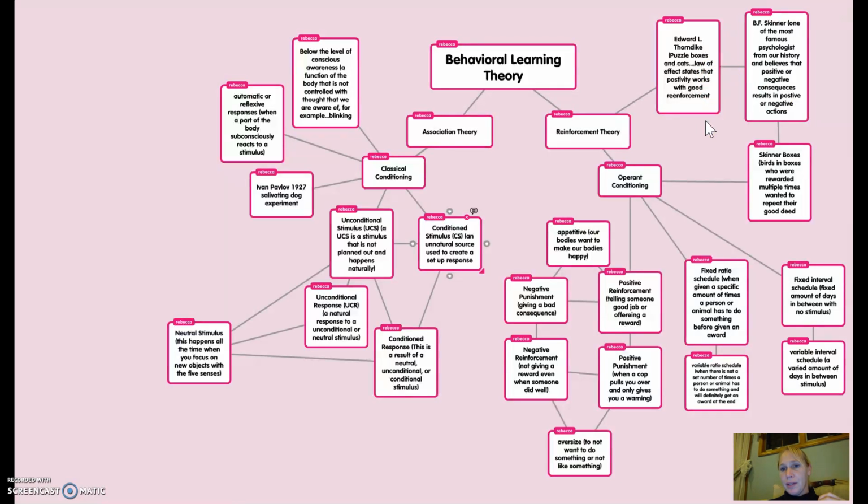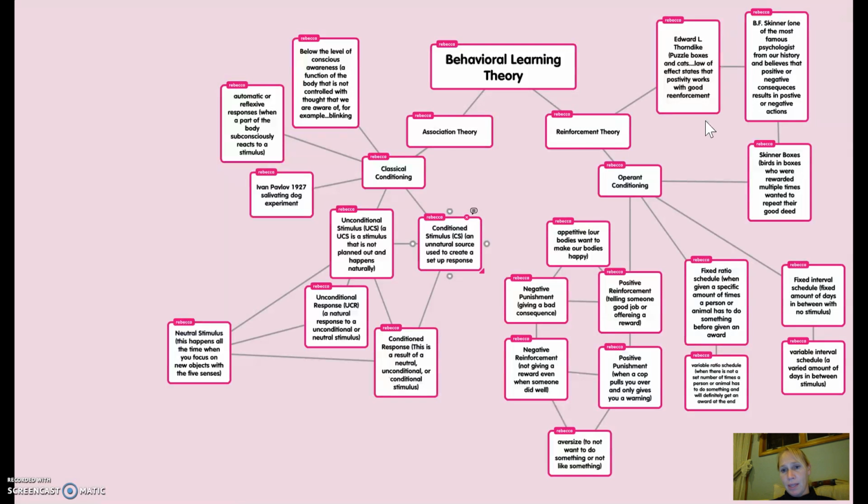Edward Thorndike believed the same thing, which is the reinforcement theory. He tried an experiment called puzzle boxes, where he took cats and trapped them inside the boxes.